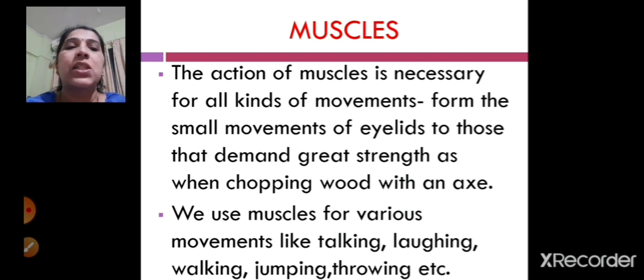We use muscles for various movements like talking, laughing, walking, jumping, throwing, etc. So muscles are used for various movements. Whatever movements we are doing, for all that muscles are required. So what are those? Like talking, laughing, walking, jumping, throwing, etc. Right?